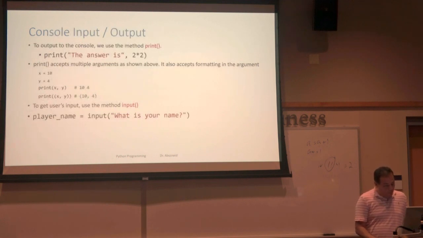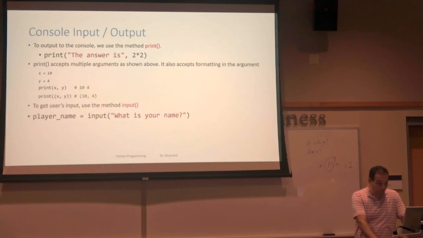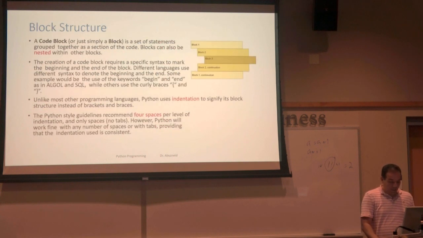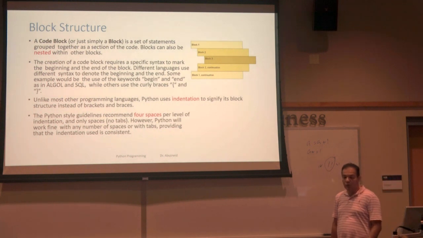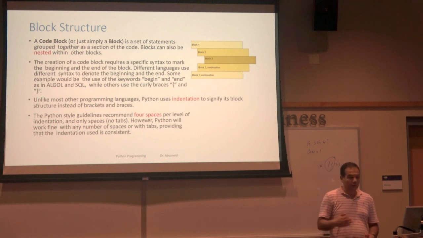Console input and output. For the screen input, you read it through the input statement. We have seen that. The most important thing, which always causes me trouble when I write in Python, is the block structure. You have to have indentation.